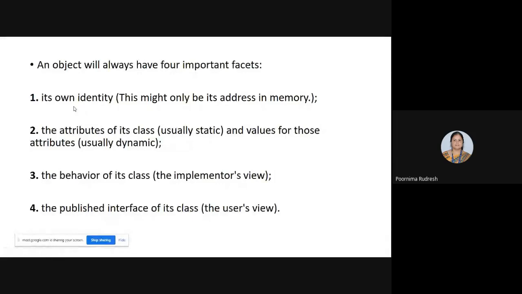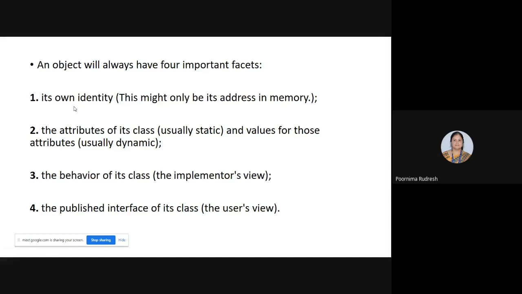Each object is identified with an object identifier, and that object identifier is unique in nature. If we have n number of objects in the class, each object is identified by a unique object identifier, so with that identifier we identify a particular object.